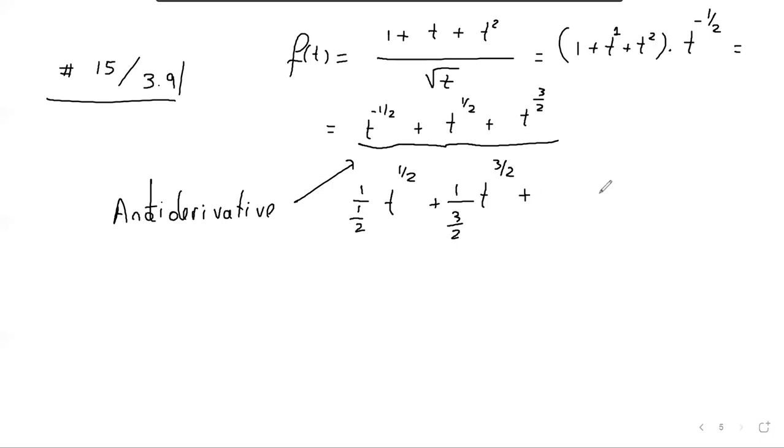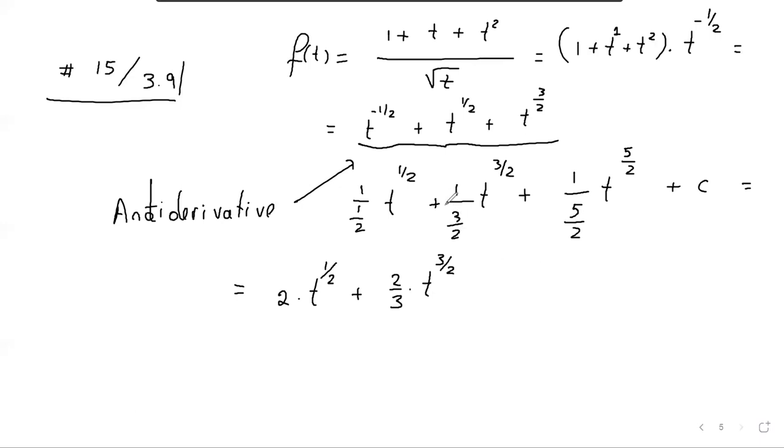All right, and the next thing is t to the 5/2, and I'll do 1 over 5/2. And this is the new thing, plus a constant c. And that, folks, becomes 1 over 1/2 becomes 2 times t to the 1/2, plus 2/3 times t to the 3/2, right?